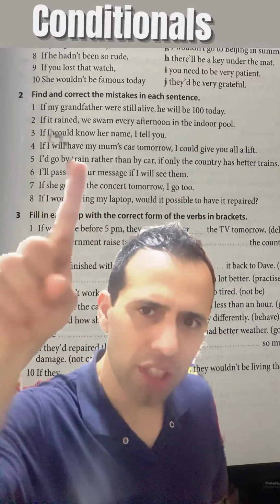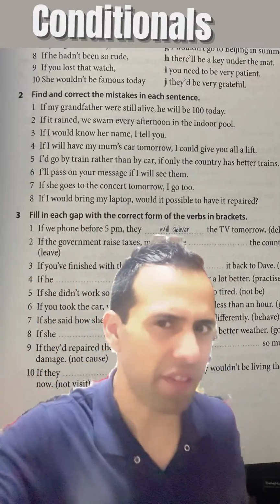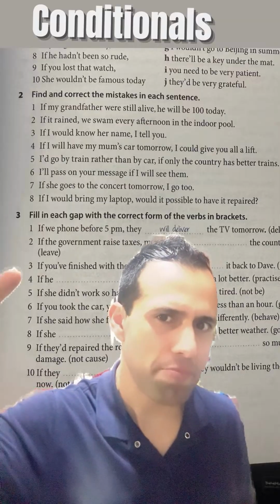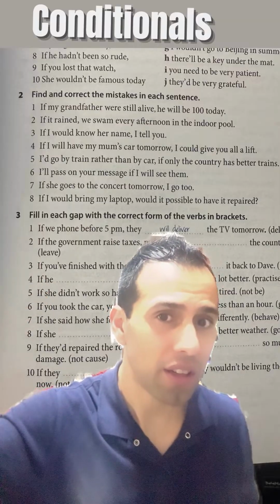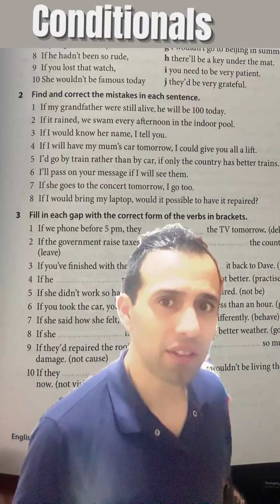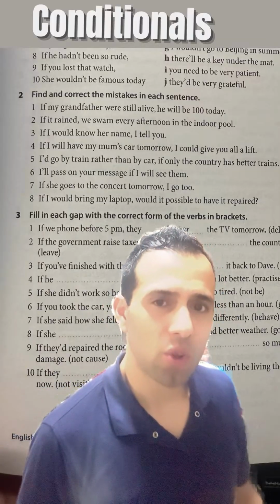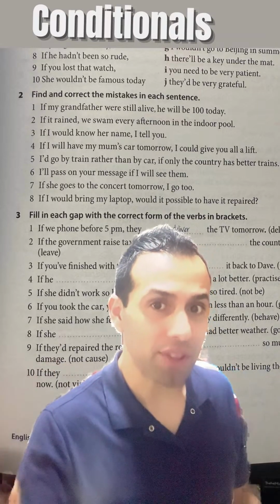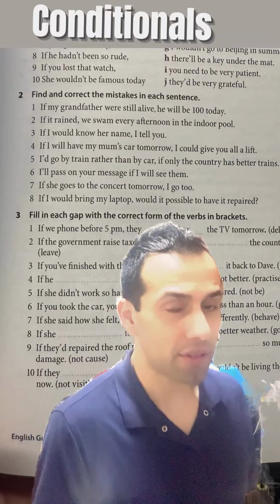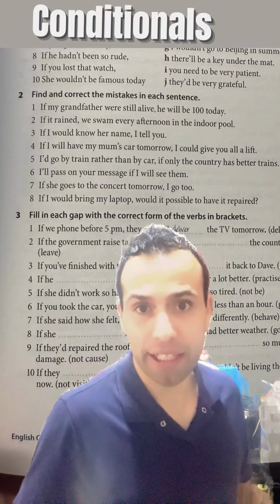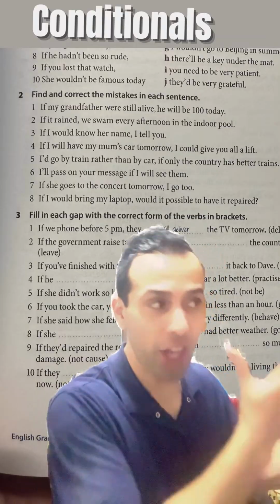So this is the conditional part, the if part. You don't usually say "if I will." Maybe, if I had my mum's car tomorrow, or if I have my mum's car tomorrow, I could give you all a lift. It's likely, right? We're talking about something likely.